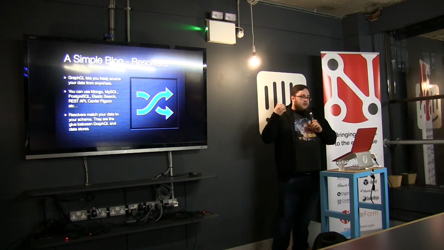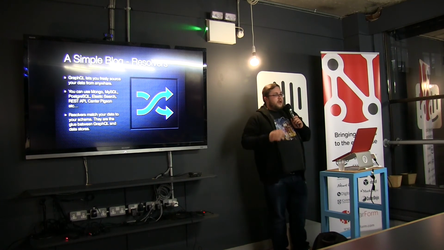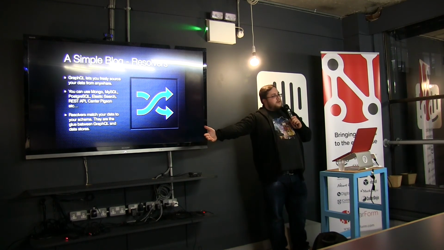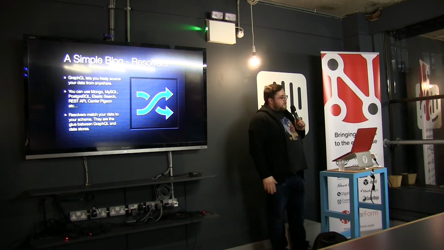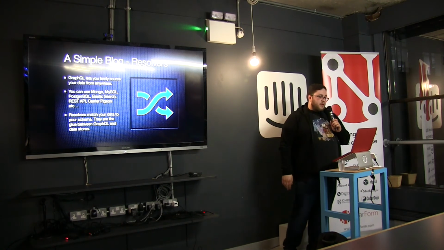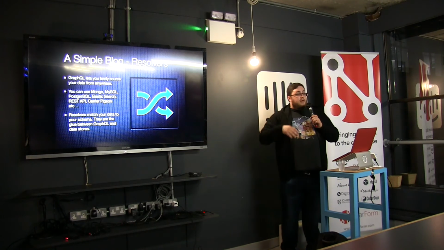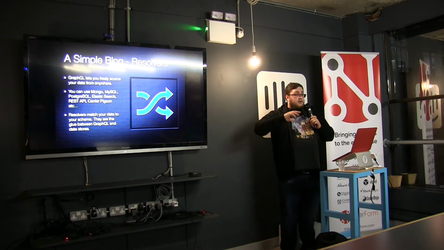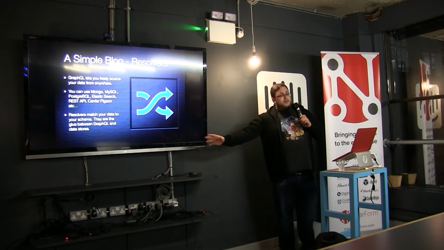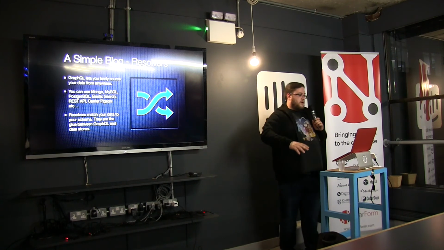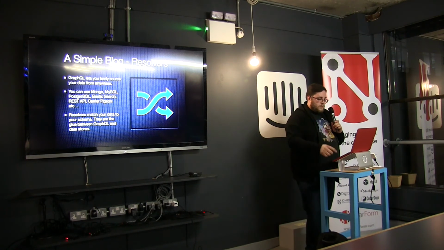Your data can come from Mongo, MySQL, Postgres, Elasticsearch. It can actually come from another GraphQL server, a REST API, doesn't matter, so long as you have a resolver. A resolver is just a function that defines how we map this data to these types. I'll show you in a demo in a minute how that works.